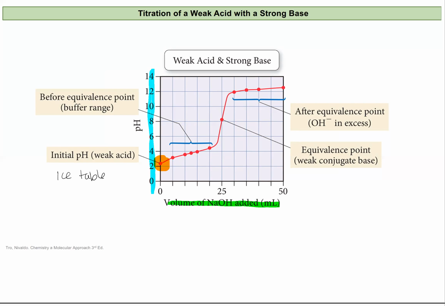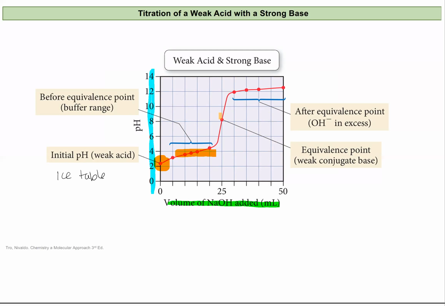And then next we have a buffer region where we're going to have different concentrations of the weak acid and its conjugate base. And there's a couple of calculations we'll walk through here where we can determine the pH of the buffer solution, or the concentrations of the weak acid or the conjugate base as well, or the pKa.